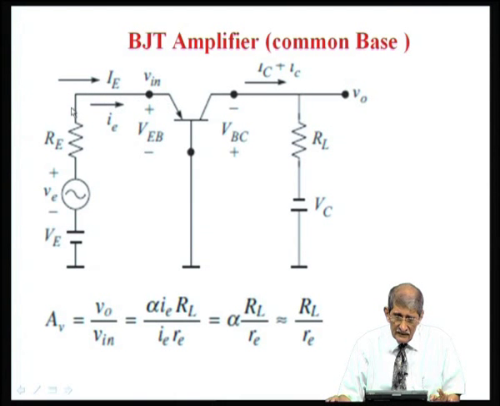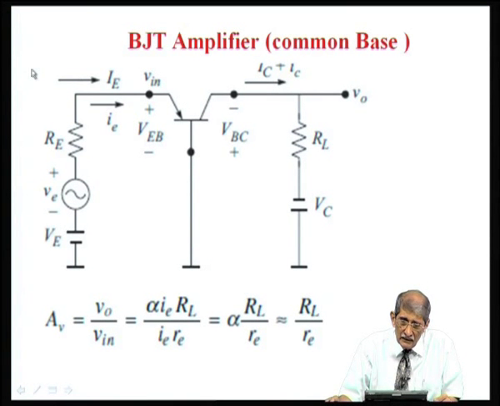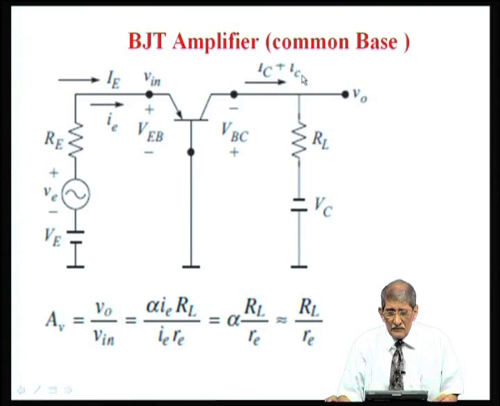PNP transistor, if the signal is in this direction, I E is in this direction, I C will be in that direction. You see here also, corresponding to DC current I have capital DC current, and corresponding to AC current I have small AC current. This AC current only I am dealing with now, you can superimpose and talk of them separately, I am talking of AC only.